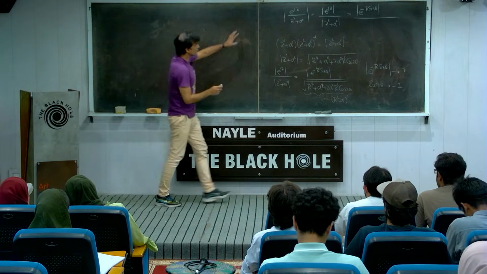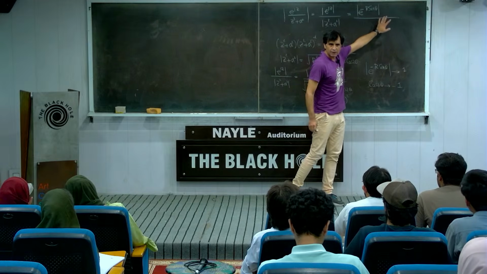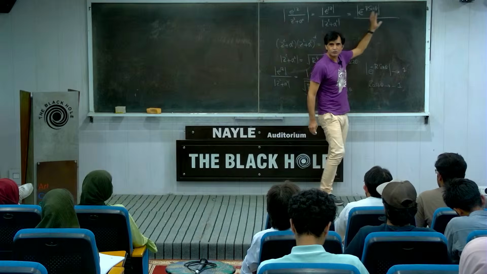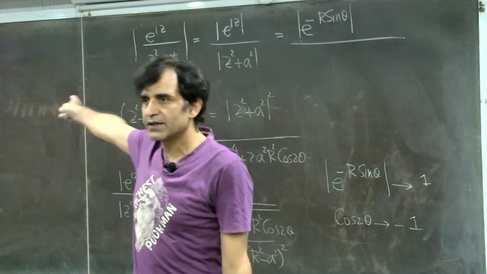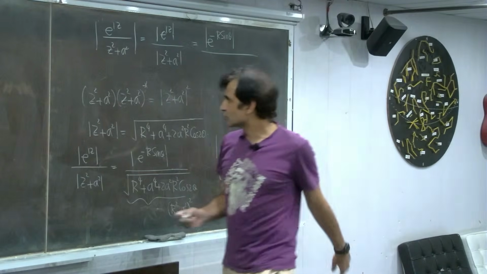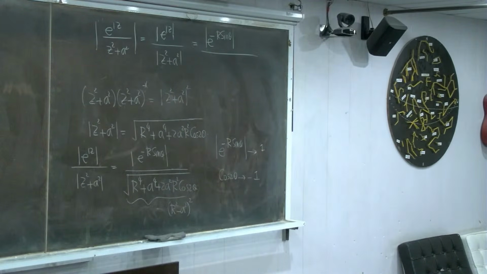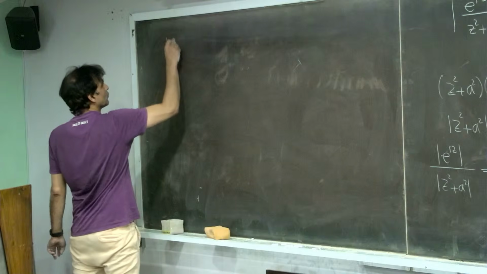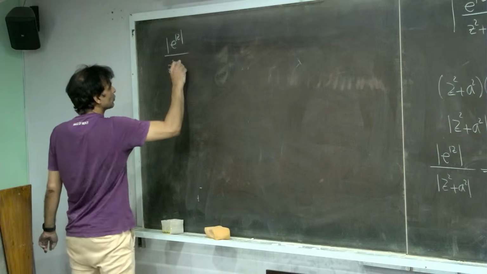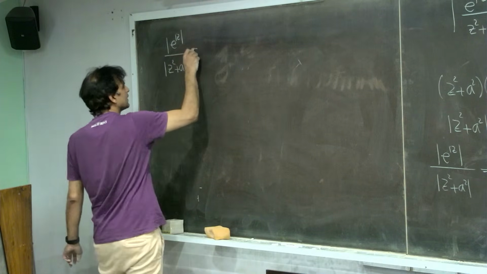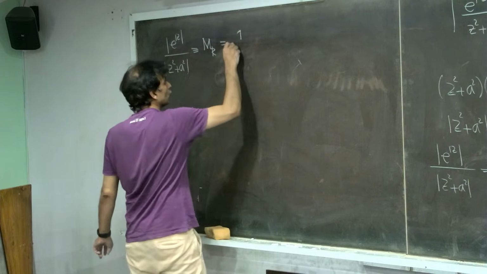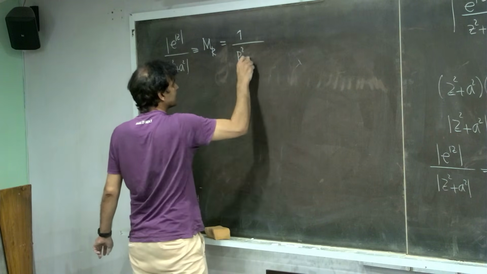So for any function that you are given, take its modulus and see its behavior as r goes to infinity. If it goes to 0 as r goes to infinity, then according to Jordan's lemma, its integral on that contour is always equal to 0. So the modulus of e to the power iota z over z squared plus a squared, they usually define it as some maximum value M of r, which is equal to 1 over r squared minus a squared.